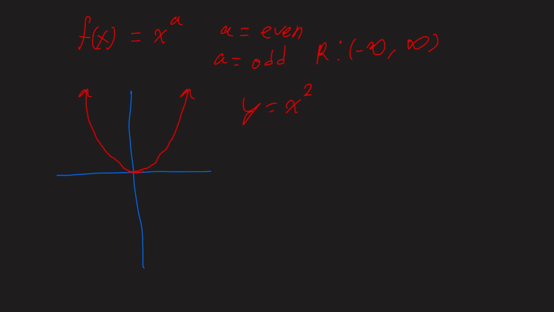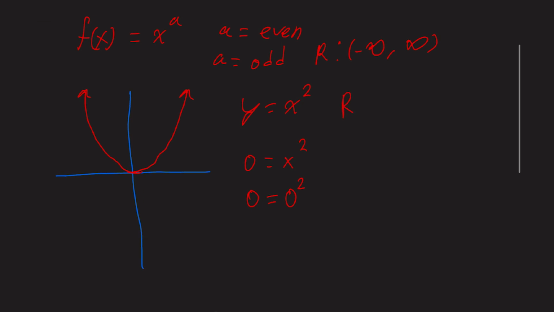But now our question is, does it include 0 or exclude 0? 0 equals x squared. Well, there is an x I can plug in: I can plug in 0 in order to get out 0. So therefore, my range does indeed include 0. So I'm going to write my range here as 0 inclusive up until positive infinity. Okay, that's going to be my range.